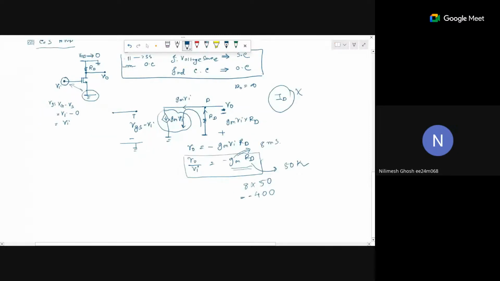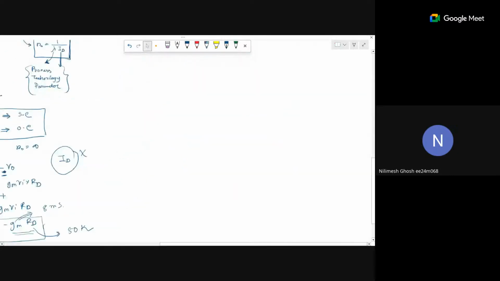Now I proved with the example that gm is indeed amplifying. First I have to give the feel of what gm does, then after I will discuss gm. Okay. Now see what gm does.